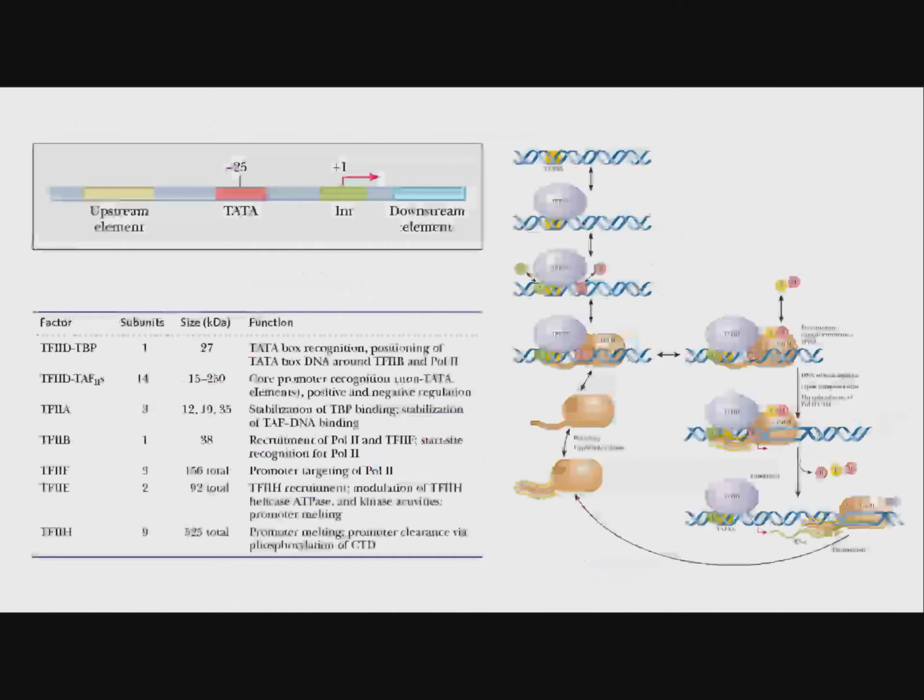Now, some differences as far as in the polymerase 2 promoter, as far as upstream elements. So in transcription, a portion of the sequence is closer to the 3' end than the gene to be transcribed, where the DNA is read from 3' to 5', and where the RNA is formed from 5' to 3'.